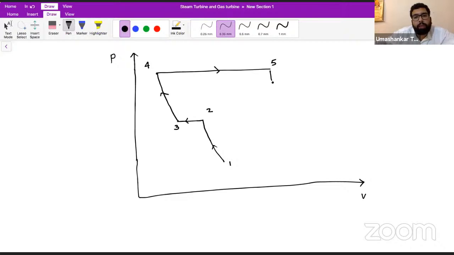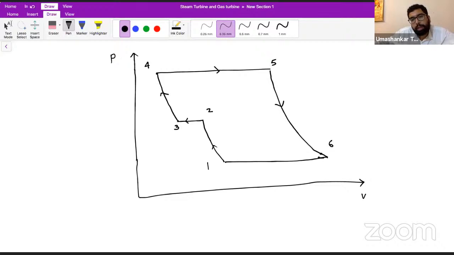And from 5 to 6, we have isentropic expansion. Now 6 to 1 is constant pressure heat rejection.